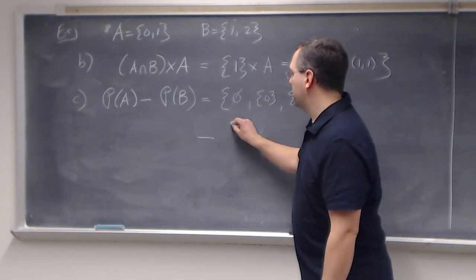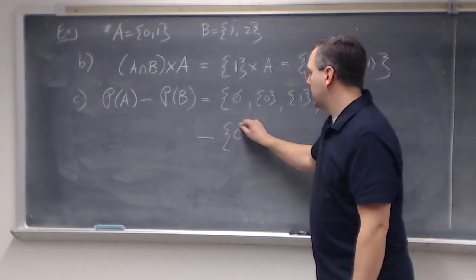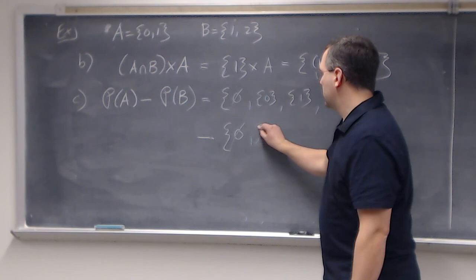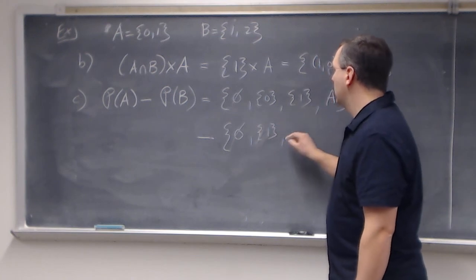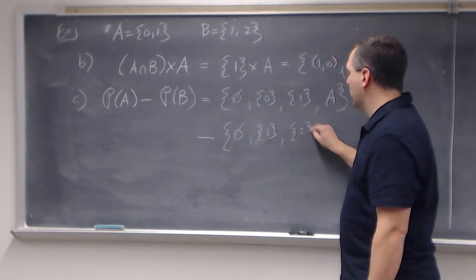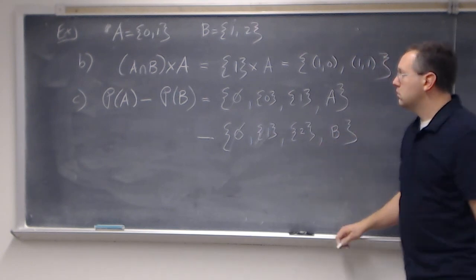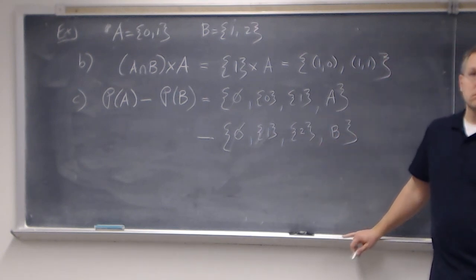Now the power set of B. The power set of B contains all the subsets of B, including the empty set, the set containing 1, the set containing 2, and B. Okay. Questions so far?